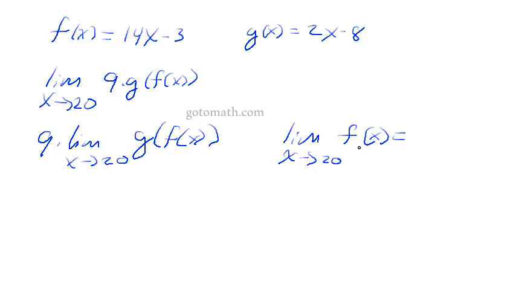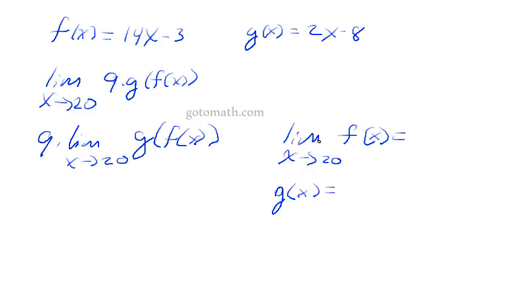Then we take that number and plug it into g of x, and that will be what our limit is equal to. However, remember, we still have this 9 out here, so we don't want to forget about the 9.